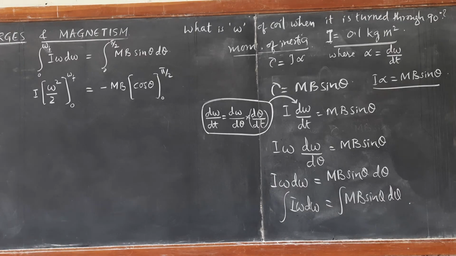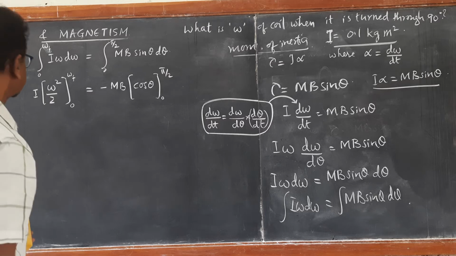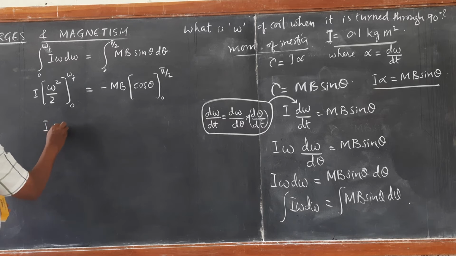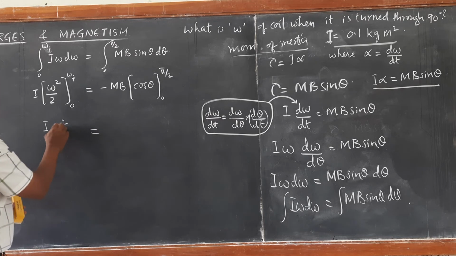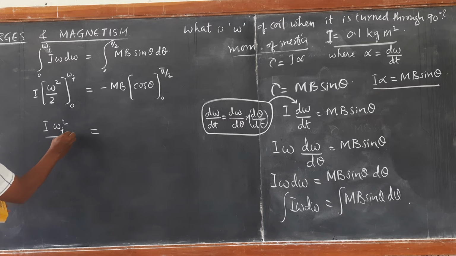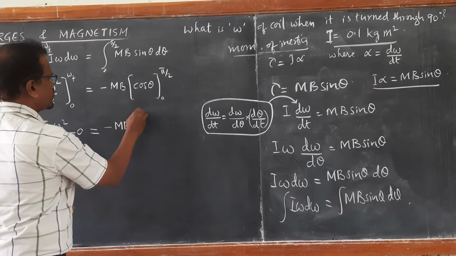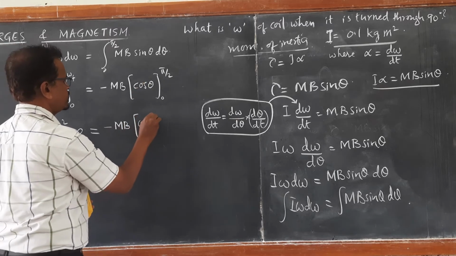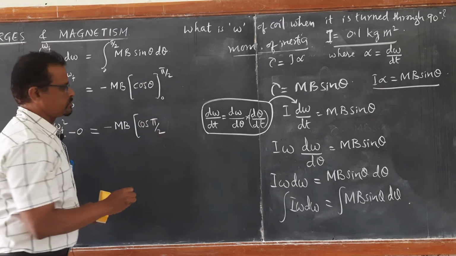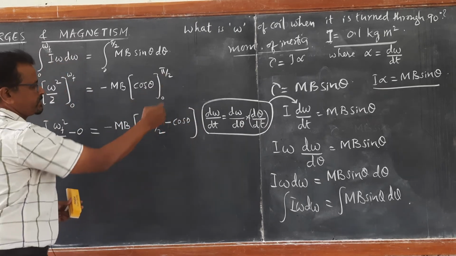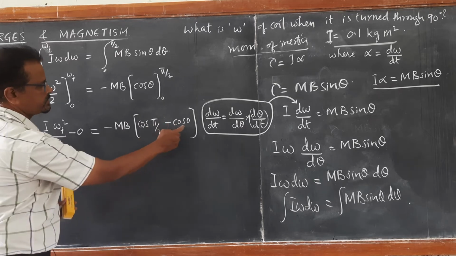Simplifying this, the upper limit is omega f, so we get I omega f square by 2, and the lower limit is 0. So I omega f square upon 2 minus 0 equals minus mB into cos pi by 2 minus cos 0, because the upper limit is pi by 2 and the lower limit is 0. Cos pi by 2 is 0, and cos 0 is 1.